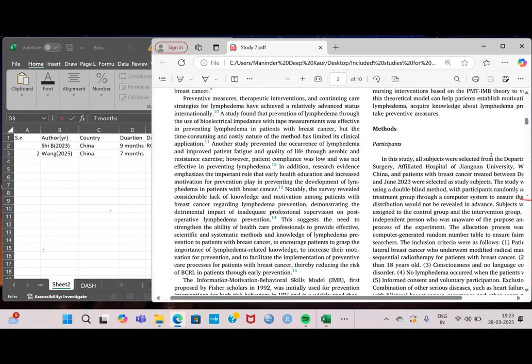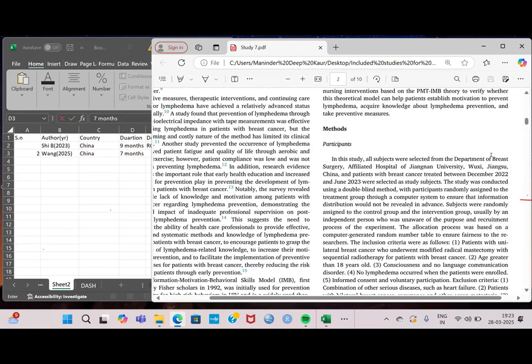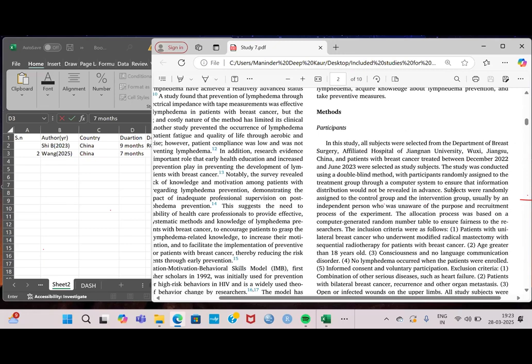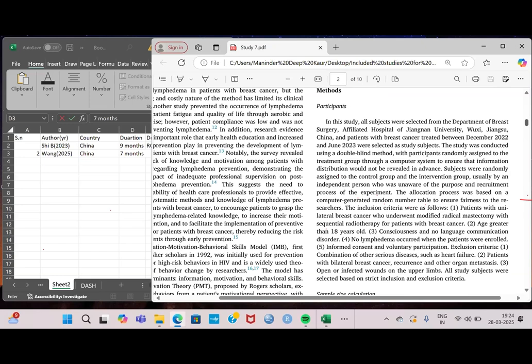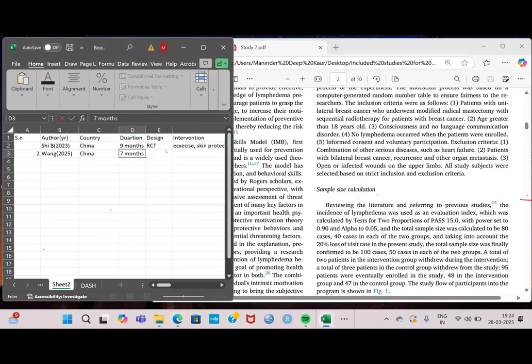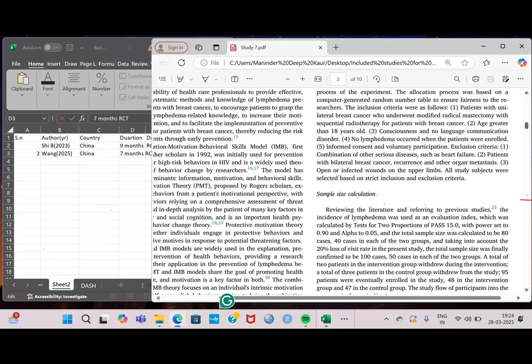So methods. Okay, this is a double blinded study. So RCT is there. Next my column is the intervention. What kind of intervention has the intervention group received?